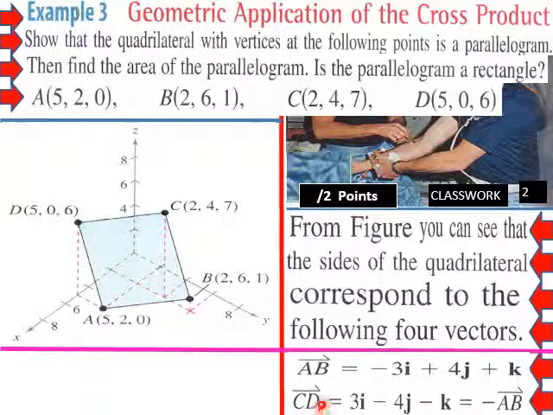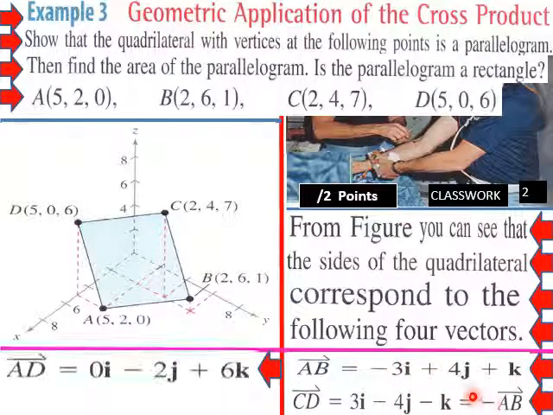And then the vector CD is 3i minus 4j minus k, which is the negative of AB. Guess what? It's the negative of this. So we got AB, and then CD is the negative of that. CD is the negative of vector AB.